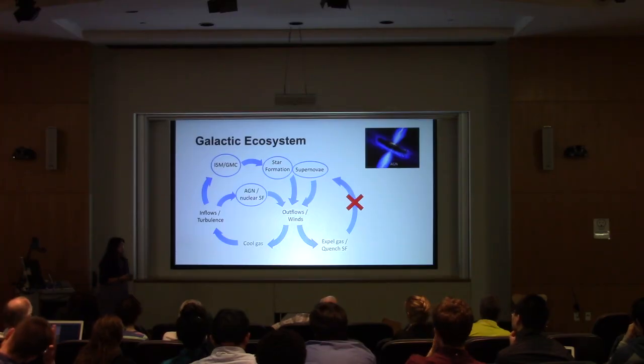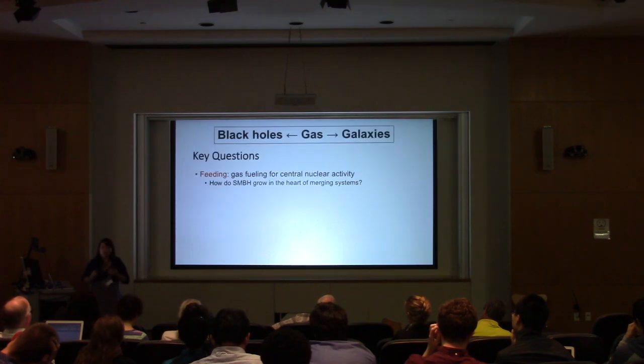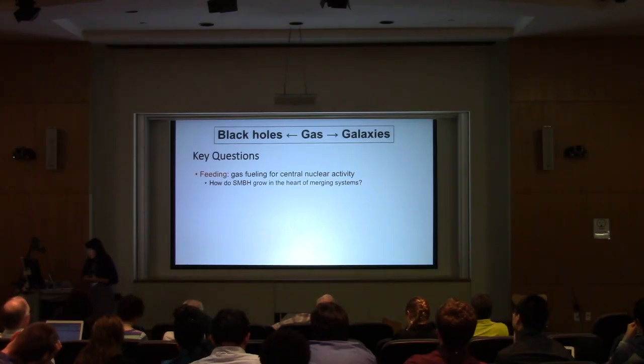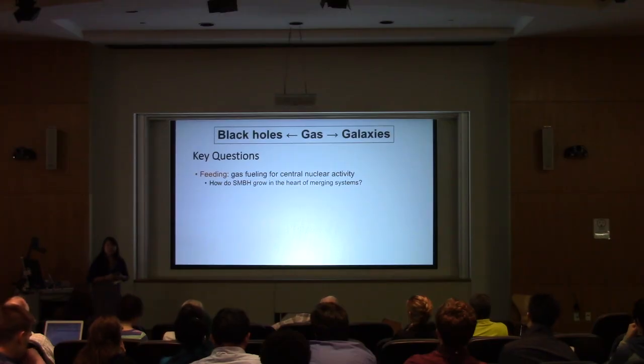And so, given that the gas flows in this whole system are so vital to understanding how galaxies may evolve, we ask some big picture questions regarding feeding and feedback from the observational point of view. We don't really understand to some degree how gas fueling actually works in terms of feeding the central nuclear activity.